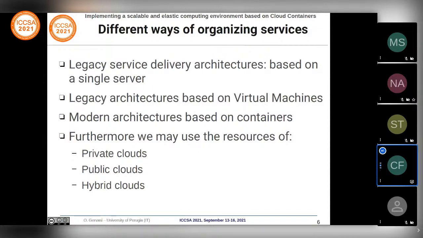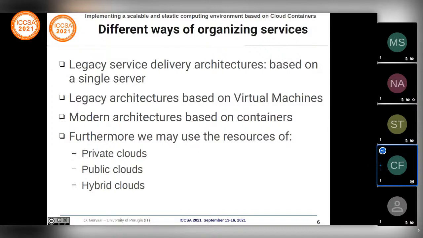The modern architectures are based on containers, and when you talk about containers, you talk about Docker. Docker is open source software, free and available, so you can use it for free.